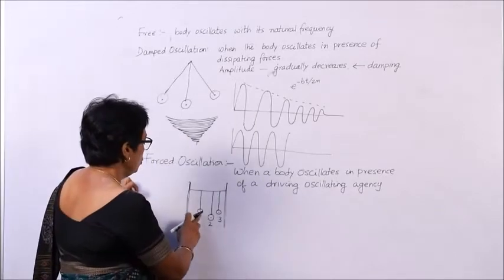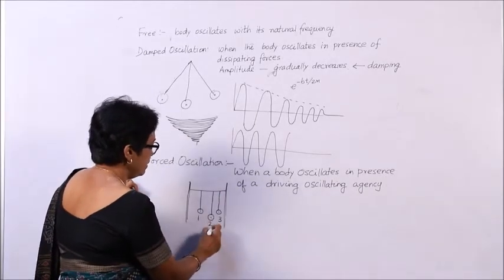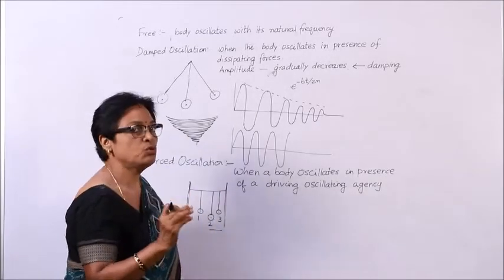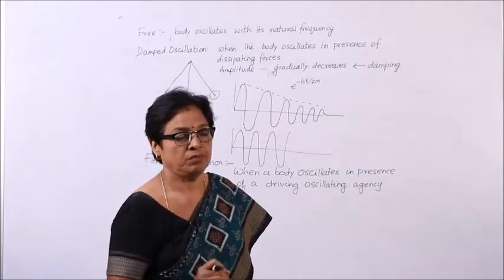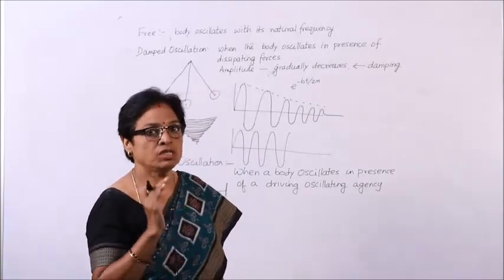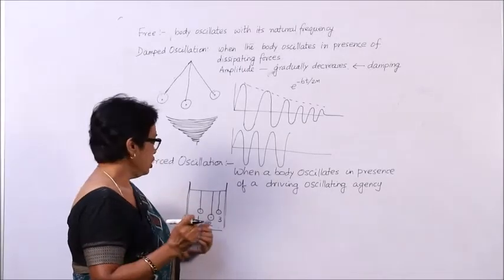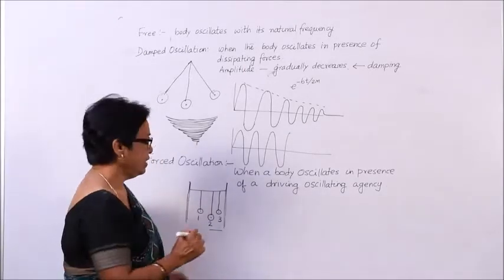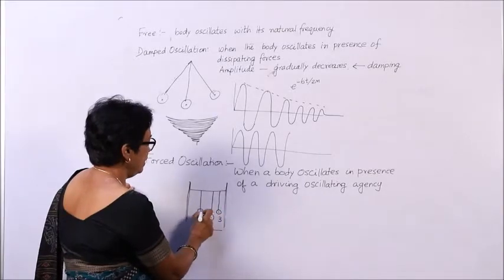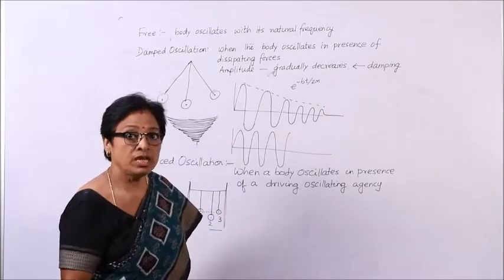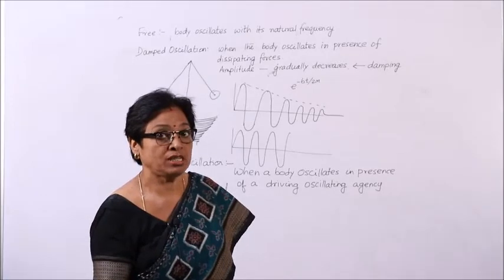Now, suppose while 2 and 3 are oscillating, both will oscillate. Then after a few seconds you start 1. You see 1 and 3 have the same length, so they will have the same frequency, the same natural frequency.